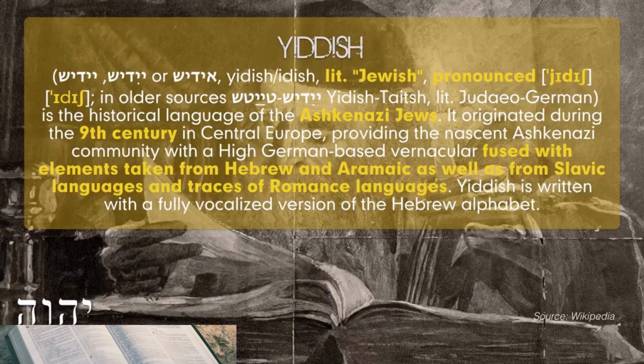And traces of Romance languages. No, not the language of love, but that of the Romans. Romance. It means these derive from Latin. So we know Latin had no J in ancient times, and it derived from Greek, which had no J in ancient times.